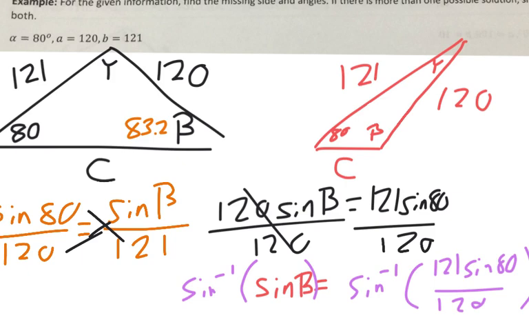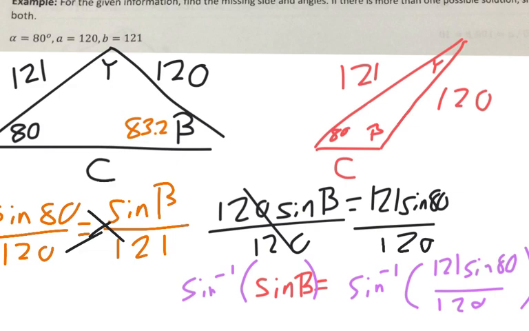So this case could definitely happen, right? Now I've got to figure out, could this one happen? So add those together. What's 80 plus 96.8? So is there still an angle that I could get here to make the triangle add to be 180? So then both cases are valid, right? Sometimes when you get here, you're going to get an angle that, when I combine these two, it's over 180 already, which means that triangle's out.